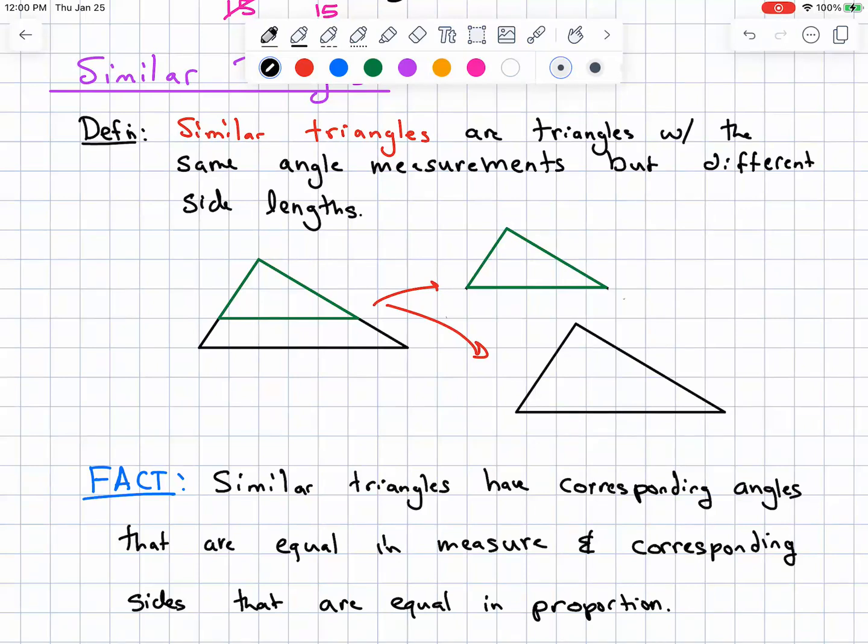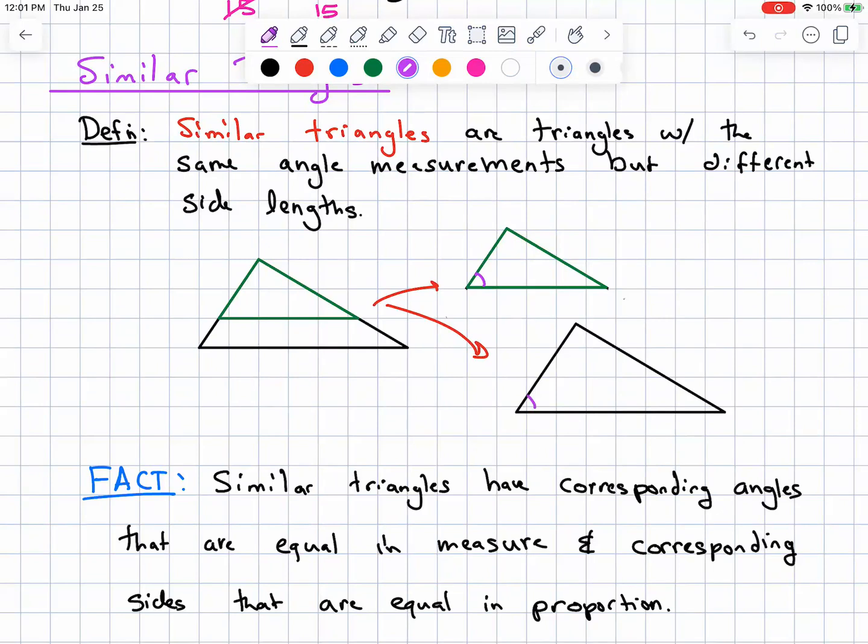So angles, corresponding angles. I'll let you write that down so we can look at it first. I'm going to kind of color code them. This is a corresponding angle.